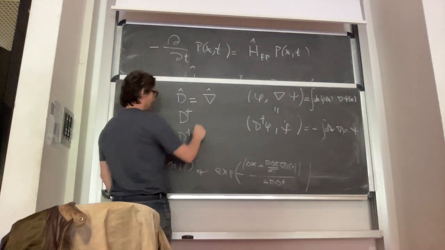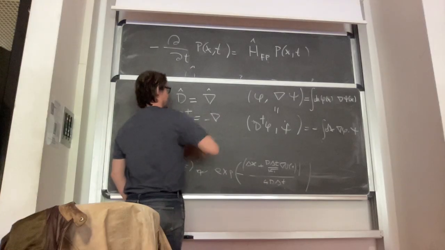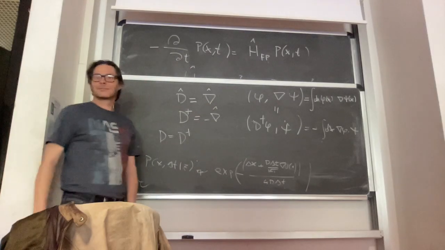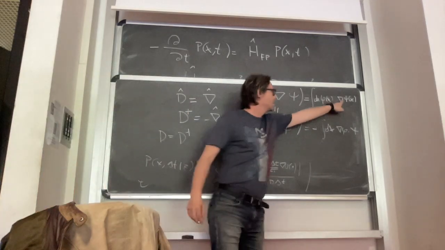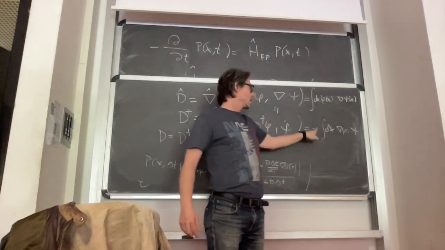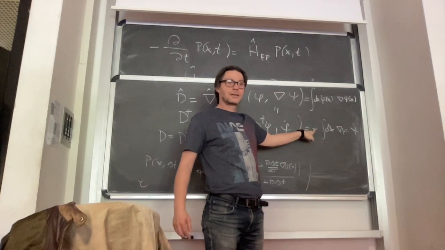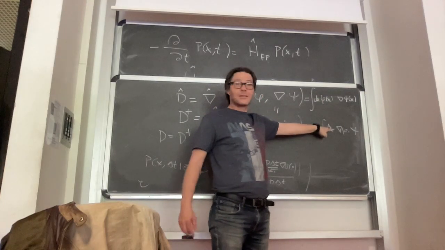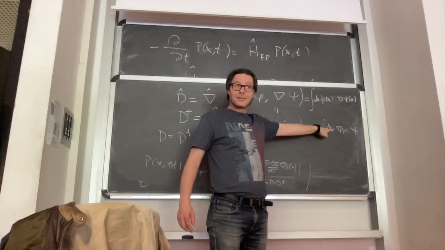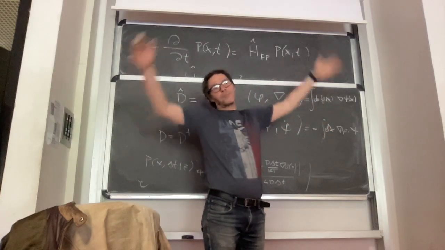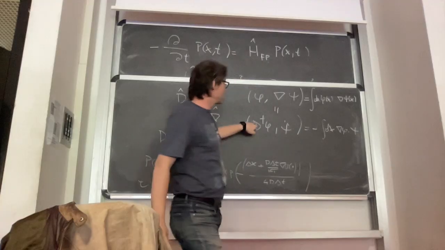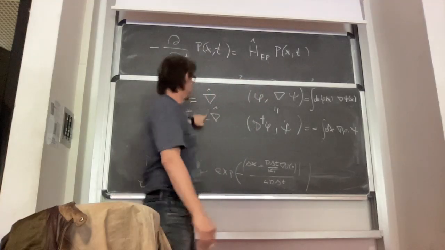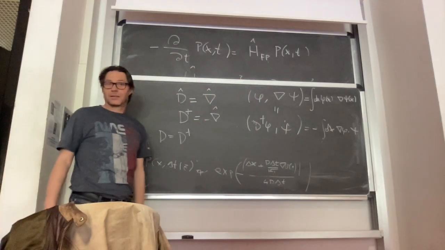So D dagger is the negative gradient. Integration by parts, bringing the derivative to this side, gives me the negative sign. I'm ignoring boundary terms because the functions behave at infinity, which means that the dagger operator is the negative of the gradient.